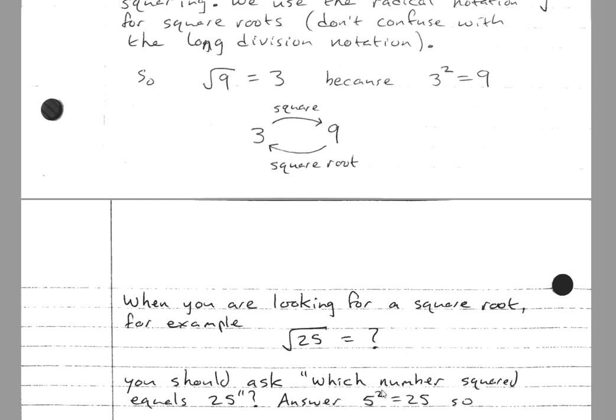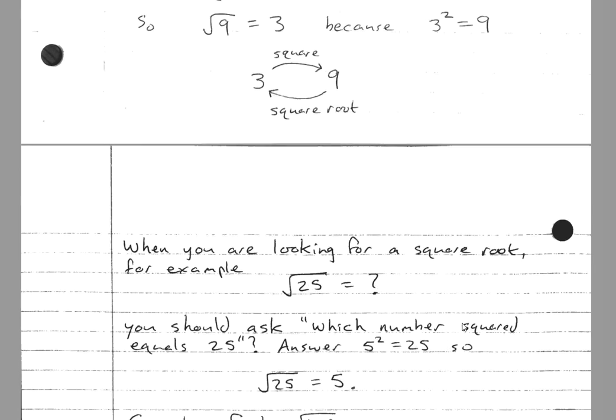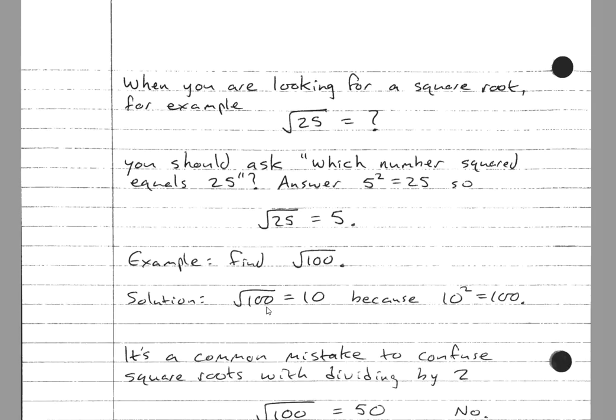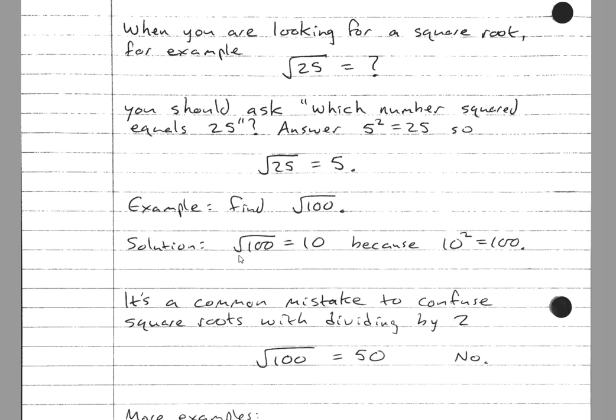But try 5. 5 squared is 25. So that works. So the square root of 25 is 5. How about this one, the square root of 100? The answer is 10 because 10 squared equals 100. So the square root of 100 is 10.